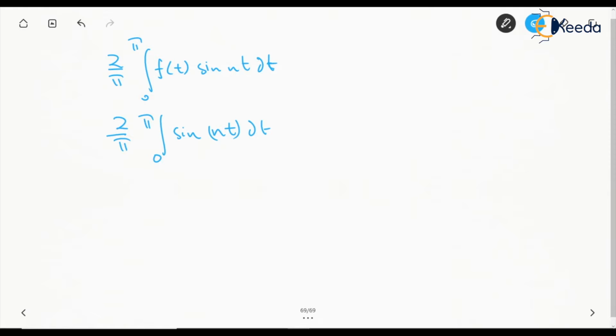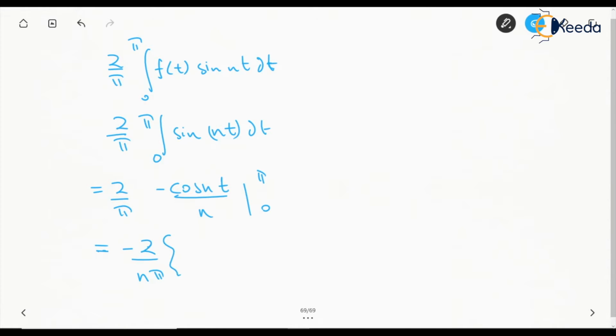and this will be nothing but 2 by pi times minus cos nt by n from 0 to pi. So this can be written as minus 2 by n pi.